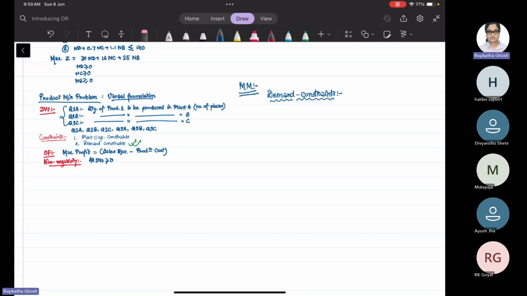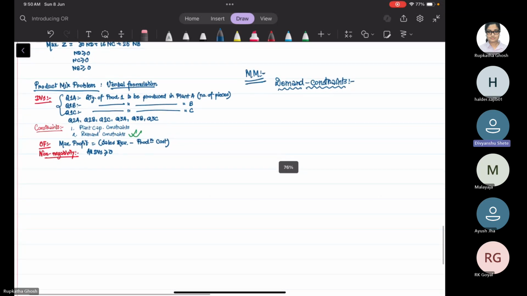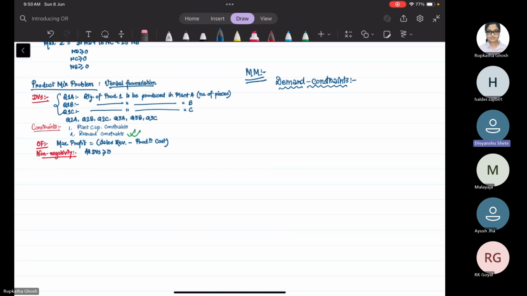Divyanshu, if I have to write the first constraint for product 1, whose demand has to be 1,000, how do I write it? No, no, I have not touched that part.